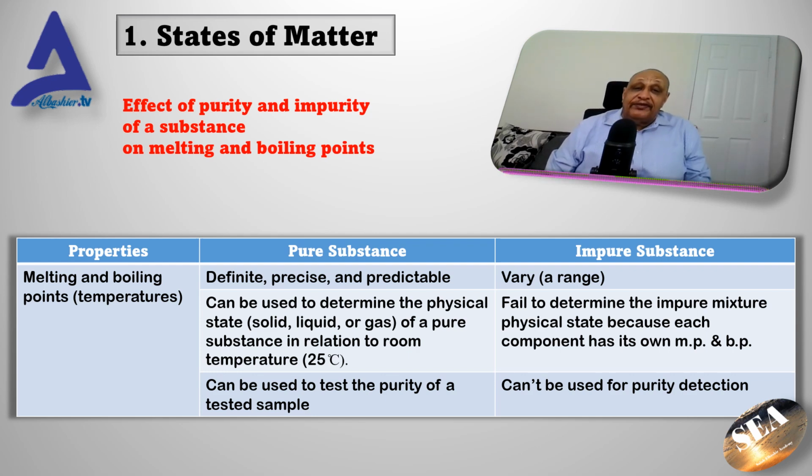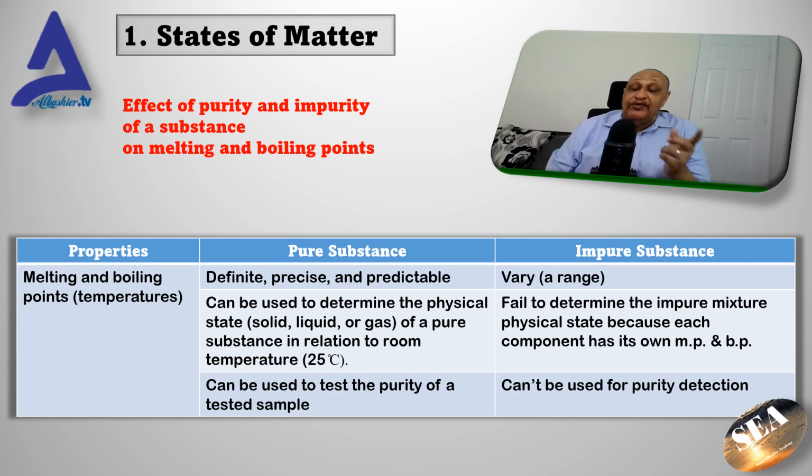Can we use them to determine the physical state, solid, liquid, or gas, of a pure substance in relation to room temperature? Yes, we do. But we can't do that in the case of a mixture.